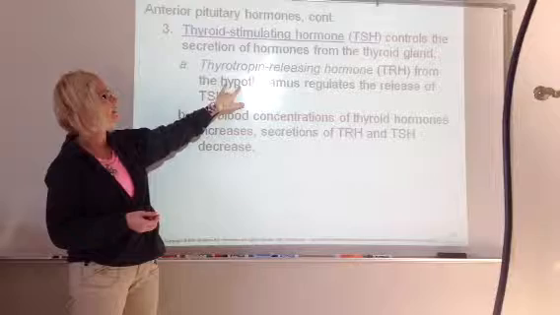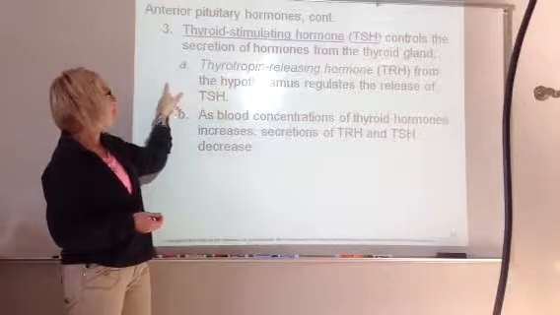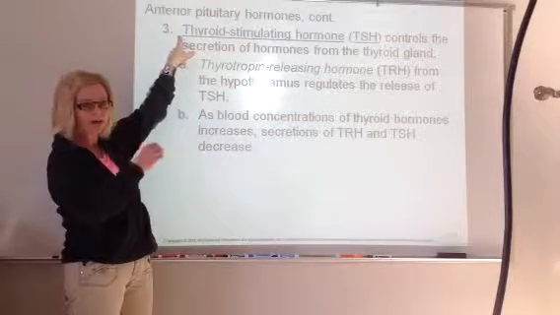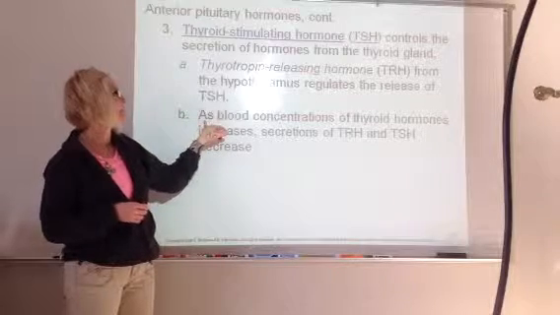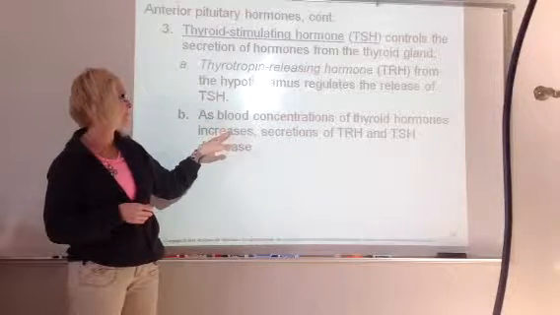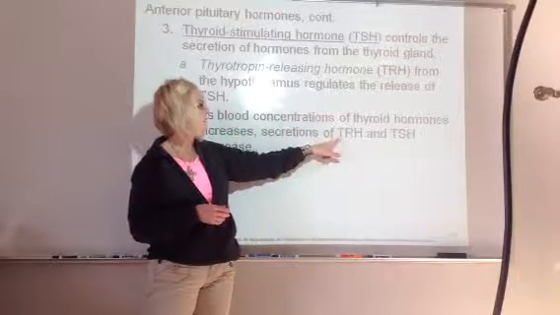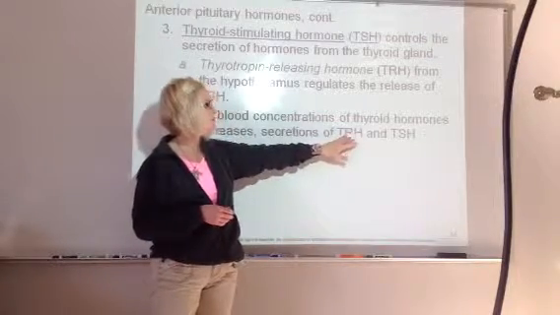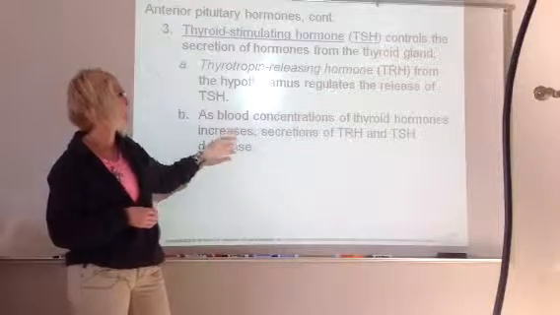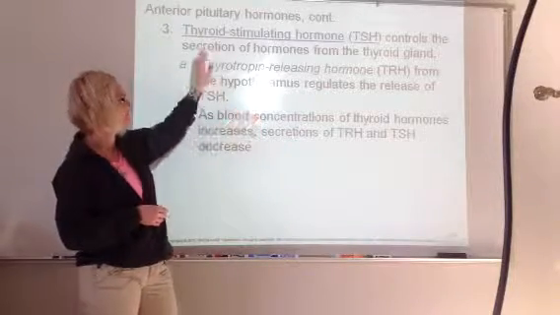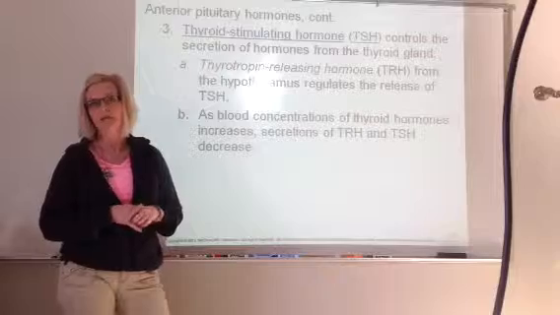So here again, this is coming from the hypothalamus. It's going to go to your thyroid, and then as blood concentration of thyroid hormones increases, your thyrotropin releasing hormone is going to decrease as I have enough of my TSH.